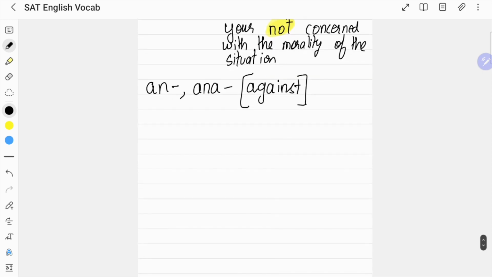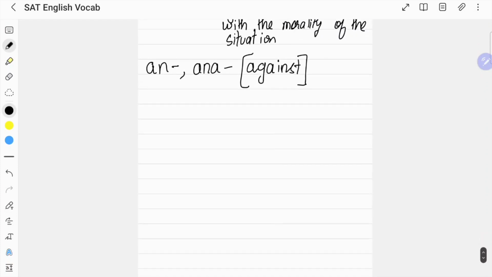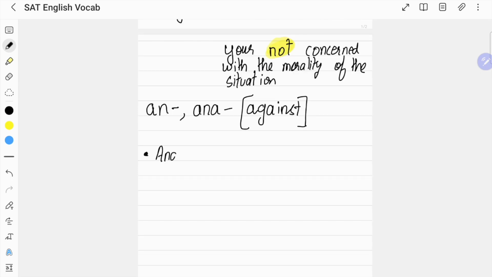Alright. Let's take some other words. Remember, these words are root words or prefixes. Let us take a word, anaerobic. Let me underline a. This means exercise without air.